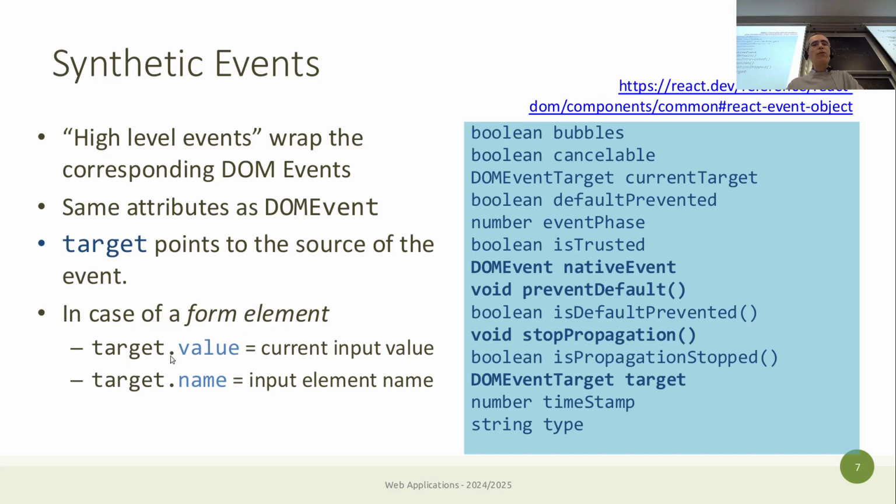So in case of a form element, we have the target value, event.target.value. That's the current input value. event.target.name is also very useful because it's the name we assigned in the JSX, because in React we write JSX, and we assigned it to a certain element.